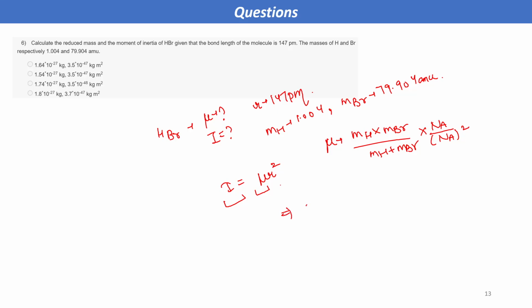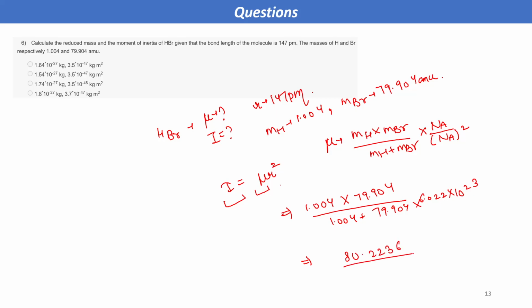So mass of hydrogen is 1.004 multiplied by 79.904 divided by 1.004 plus 79.904 into Avogadro number 6.022 into 10 raised to 23. So what will be the value after solving it? It will be 80.2236 and 80.908 into Avogadro number. So what will the value be after this?